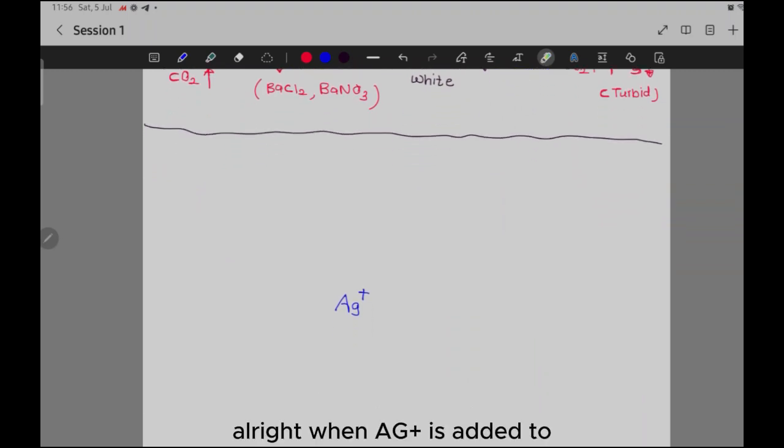When Ag plus is added to thiosulfate ion, S2O3 2 minus, what happens? White precipitate forms.